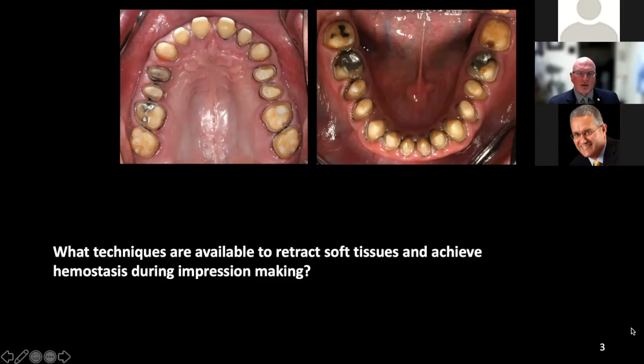I think quite a few practitioners nowadays are using lasers to trough and retract tissue. Some are still using electrosurges. That's still fairly common.